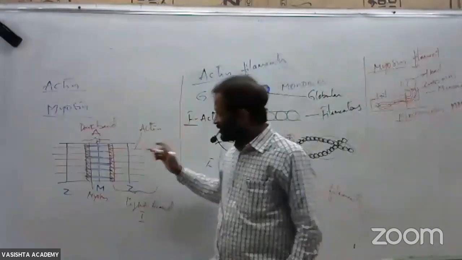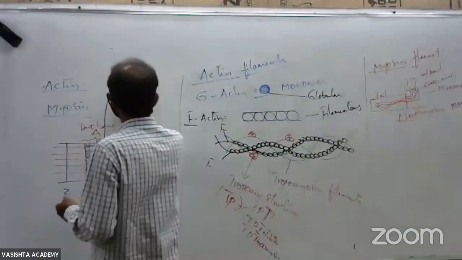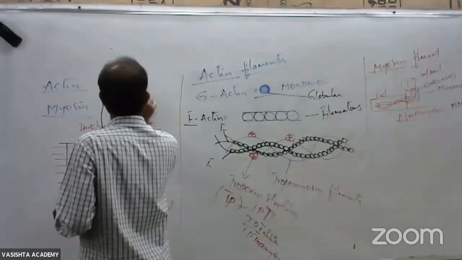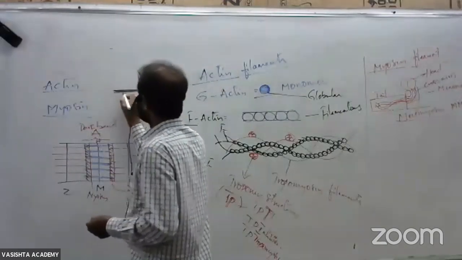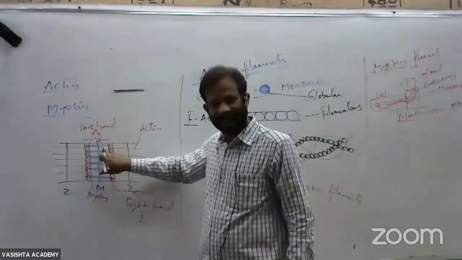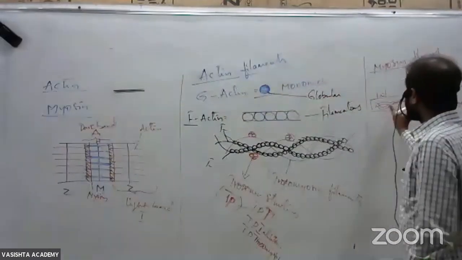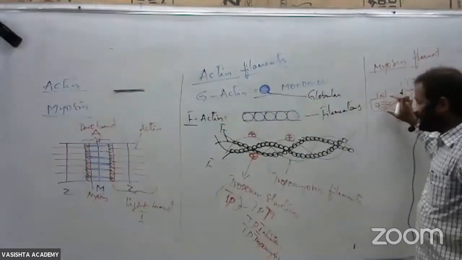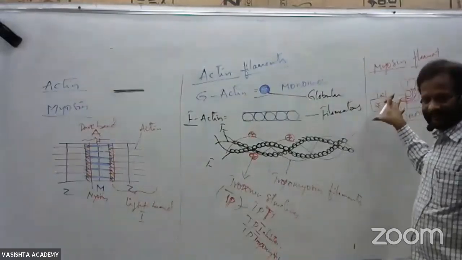If you want to see that, here I have shown one thick filament. This is very thick because it is the myosin filament. But that filament is the attachment of many tail regions of many meromyosins.